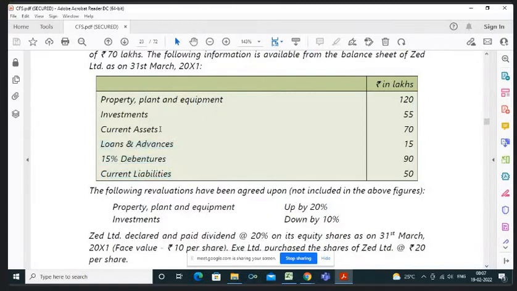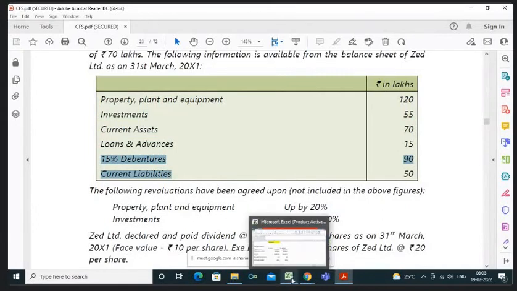No. So what we have to do? We have to go by the alternative method. The alternative method is add all the assets and deduct the external liabilities. Then we will get the net worth or equity. Here the assets are given, so we have to take the value of assets and deduct the liabilities. We'll do that by this approach.